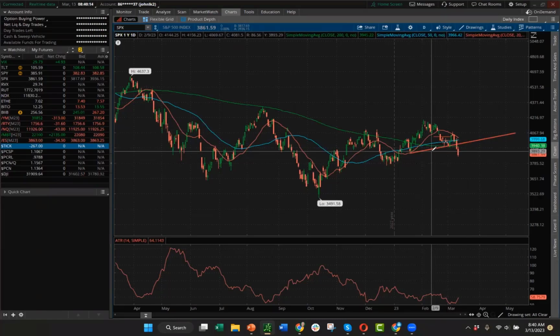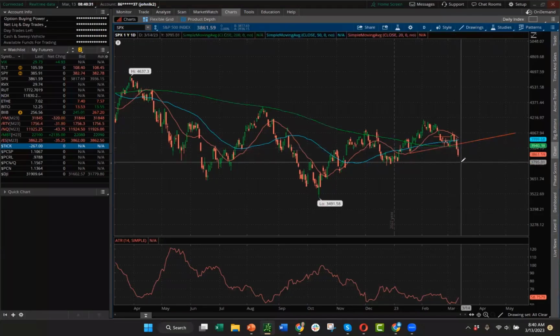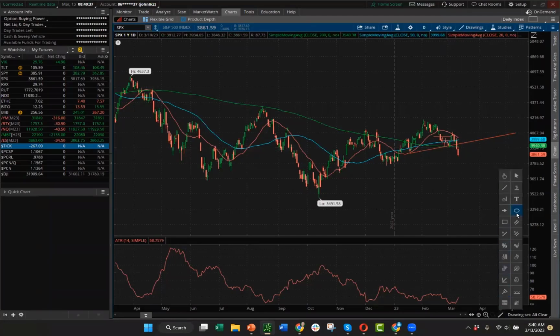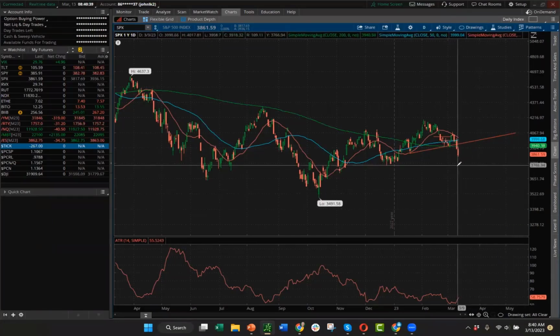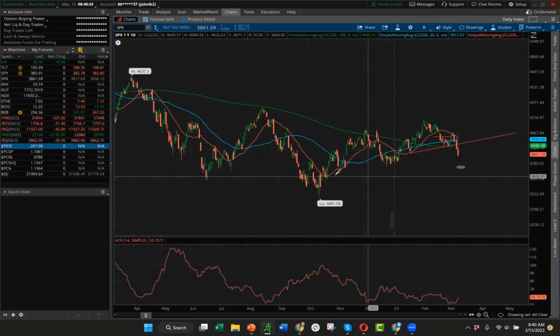That gives us a move from, say, 3,900 to almost 4,200, so that's about a 200-point move down from 3,950 to about 3,750. Let's just tag this for a second. 3,750 comes out down in here, about that area.